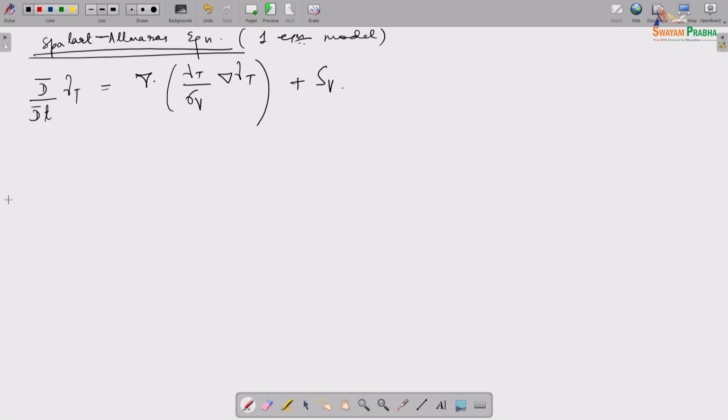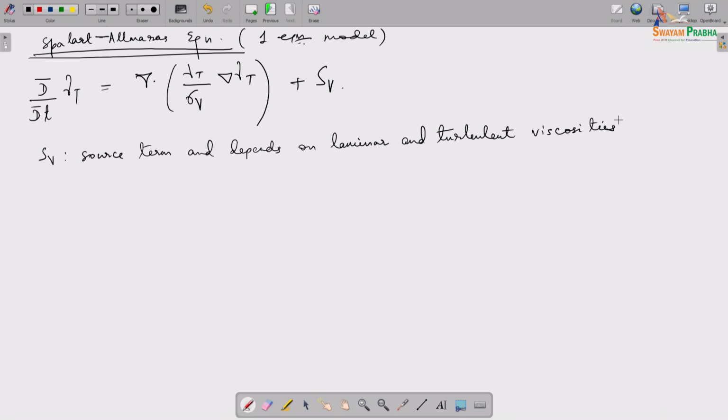And here this S_v is a source term, and it depends on laminar and turbulent viscosities.